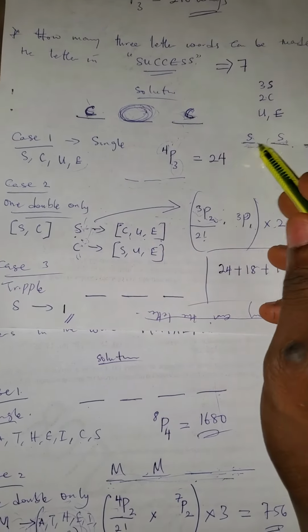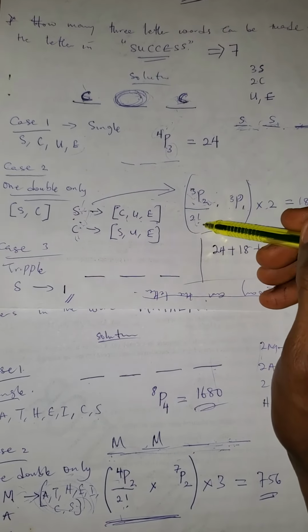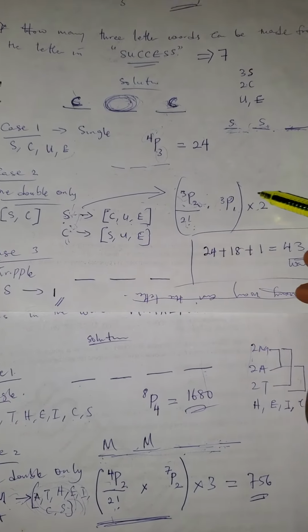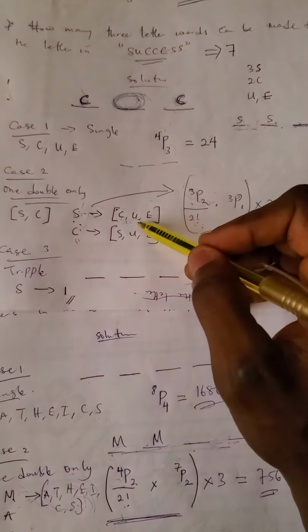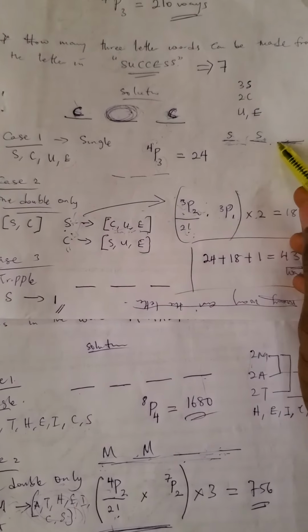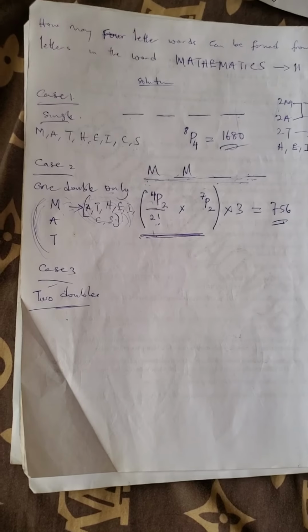Then we have two doubles here. So that's why it is 3 permutation 2. Since it is double, we have it over 2 factorial. Then multiply by how many letters remain? That's 1, 2, 3. Since 3 letters remain, we need to put only 1 letter here. That's why it is 3 permutation 1.